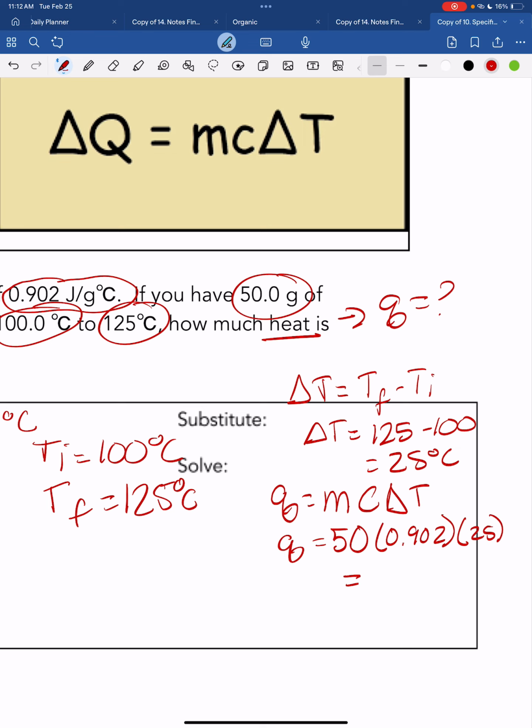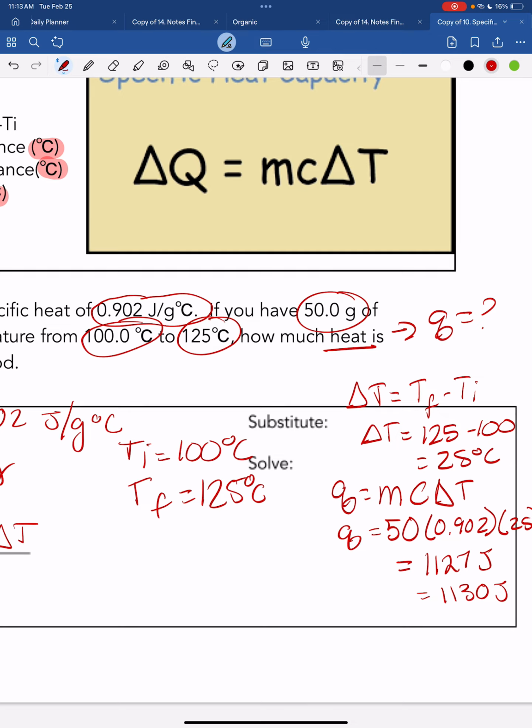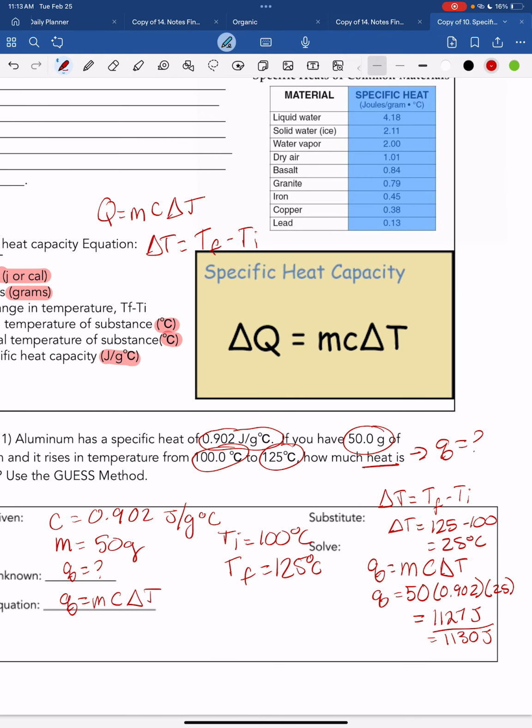And you can go ahead and multiply that out. And you get 1,127 joules. I'm going to round it to 3 significant figures, so 1,130 joules, because the least amount of significant figures is 3: this one has 3, this one has 3, this one has 3, this one has 4, so you round to 3. And that's your answer.